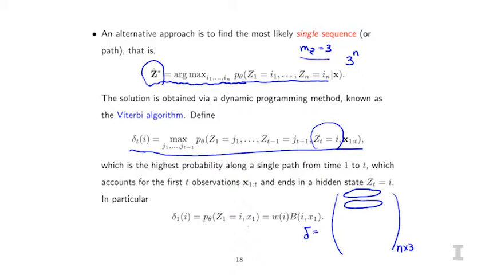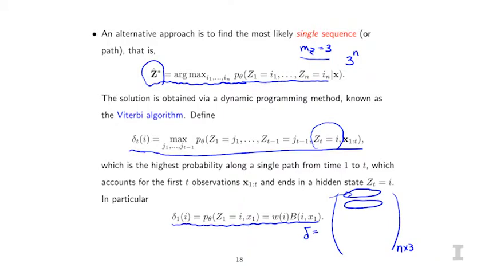That's the definition of delta t i. Let's first fill in the first row of delta. For the first row, there's no maximization involved. It's basically the joint probability of z1 equal to i and the observation x1.